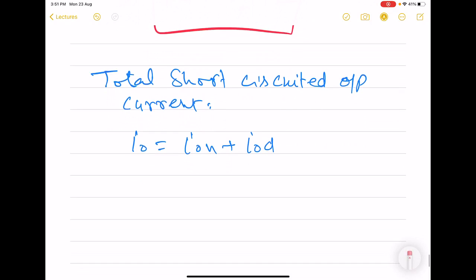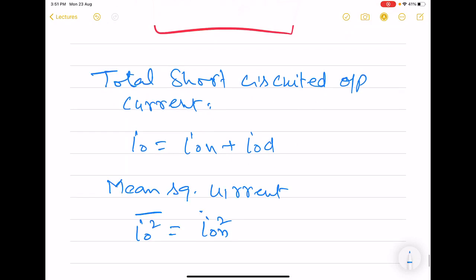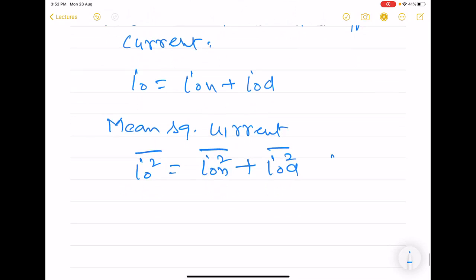And therefore, the mean square current, since these two are uncorrelated.